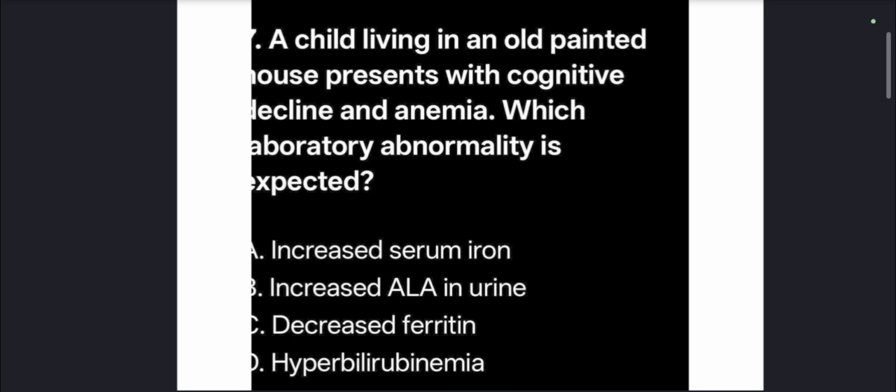A child lives in an old painted house, cognitive decline, anemia. So these are the symptoms of what? Obviously, lead poisoning. So what would be the right answer? Option B would be the right answer. Increased ALA in urine due to inhibition of which enzyme? It is ALA dehydratase. I think you people got it right.